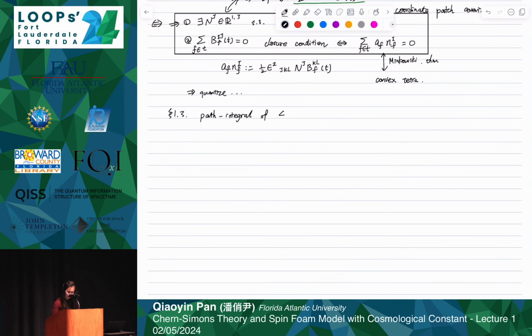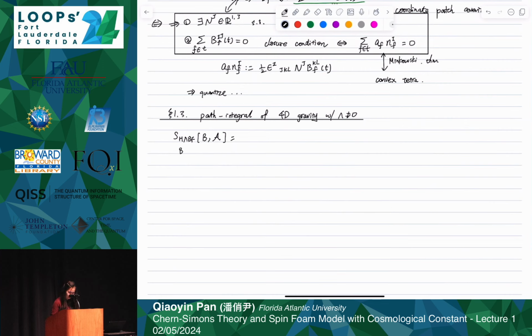of 4D gravity with a non-zero lambda. And in this part, we just want to have some formal discussion, okay? The starting point is also a first order action. Now I have a lambda, so I call it H lambda BF. It's also a function of the B field and the connection.